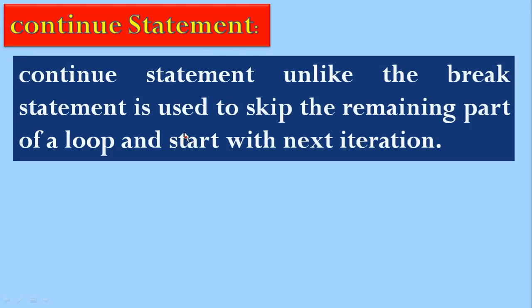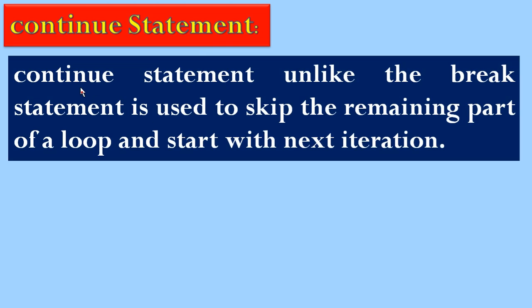The next statement in the jump statements, the second one, is the continue statement. What is the use of the continue statement? Unlike the break statement, this statement is used to skip the remaining part of a loop and start with the next iteration.